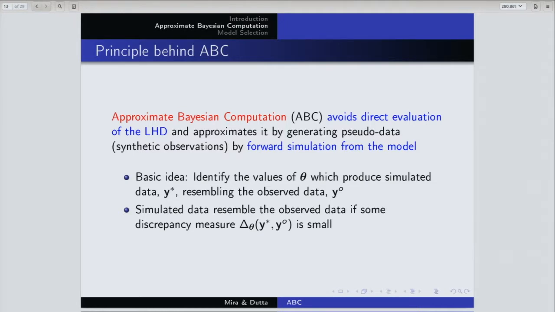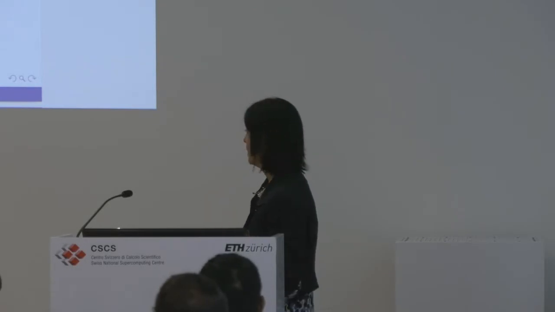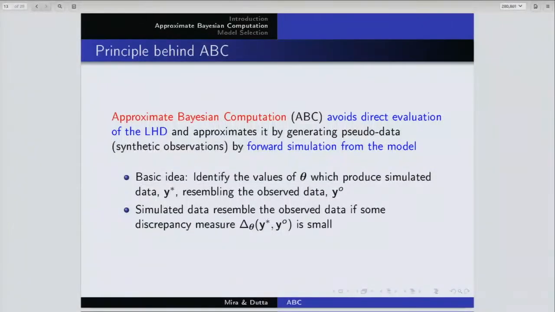So let me repeat this, because this is the crucial step of ABC. Given some value of theta, I forward simulate from the model some pseudo data, some synthetic data. We compare the synthetic data with the observed data. If those two are sufficiently close, we retain the value of theta. So we do this forward simulation very, very many times in parallel on supercomputers, and we filter out the values of theta that gave rise to simulated data that are close to the observed data.